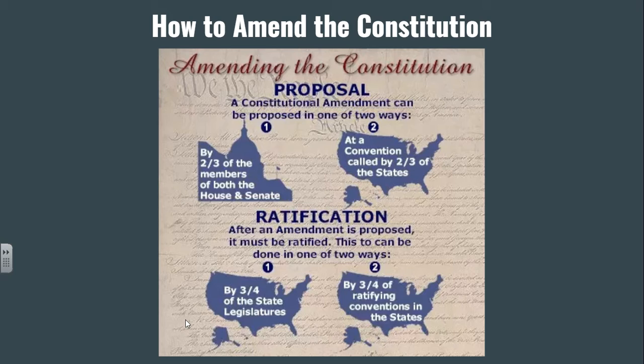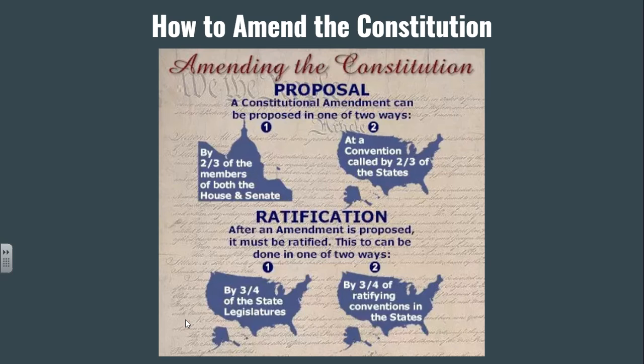Typically it's been step one. So let's say that 2/3 of the House and the Senate agree upon this. What happens next? It goes to state legislatures. So the people down in Columbus would then vote on that amendment.